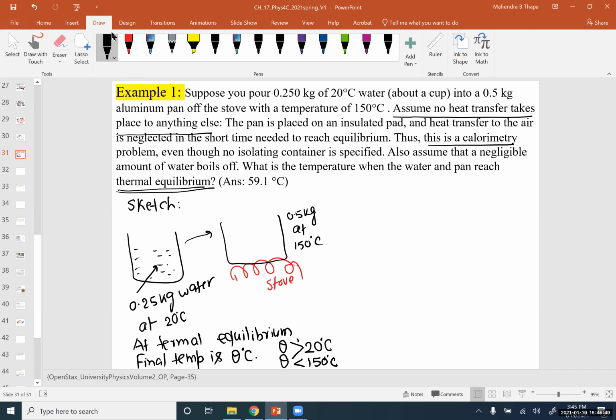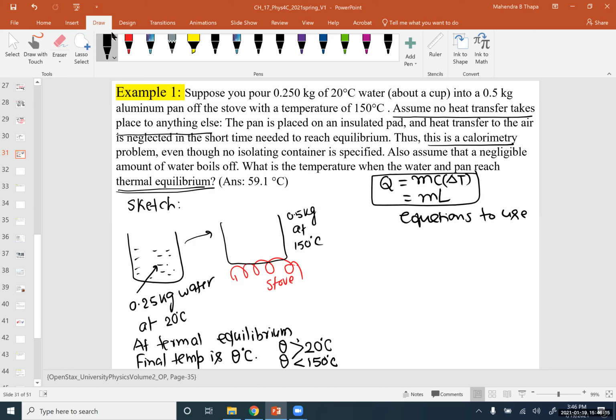Okay, so we'll find heat gain and heat loss, because we have two formulas: Q equals m c theta, or we can use m L. These are the equations to use.